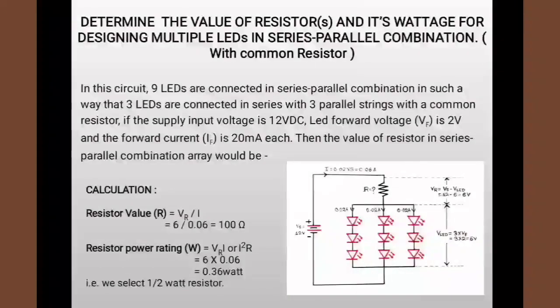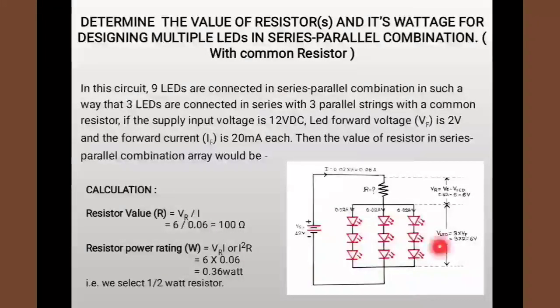Now let us find the value of the resistor and its wattage for a series parallel combination circuit with multiple LEDs. Here in this circuit 9 LEDs are connected in series parallel combination with a common resistor R. There are a total of 3 parallel strings and each string contains 3 LEDs in series. If the supply input voltage is 12 volt DC, the forward voltage and forward current of each LED is 2 volt and 0.02 ampere respectively.